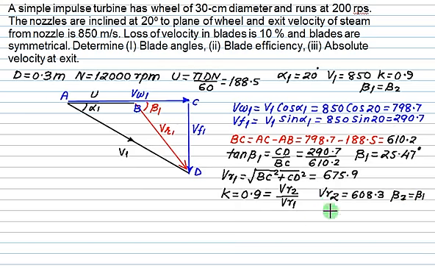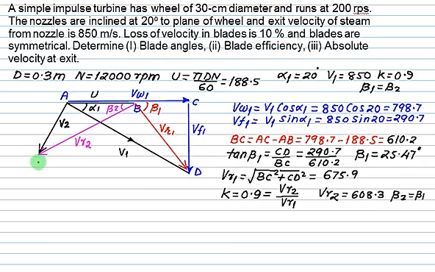Now using this information of VR2 and beta 2, we have to construct one angle here equal to what? Beta 2. Figure is not to scale. This one is beta 2 and this one is VR2. Now you have to join the point A with this point, and that will give the value of V2.